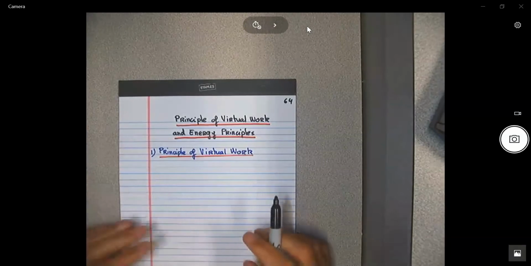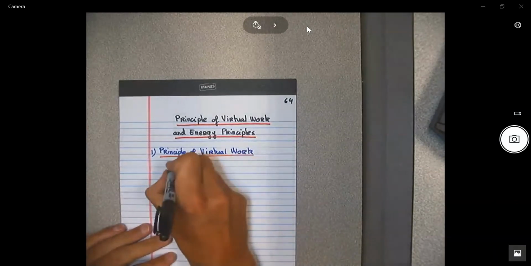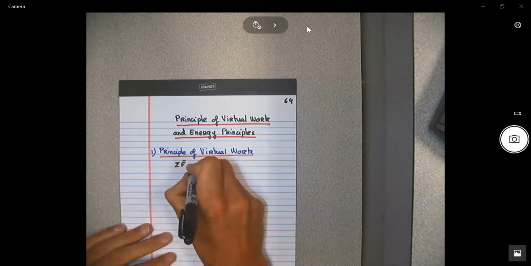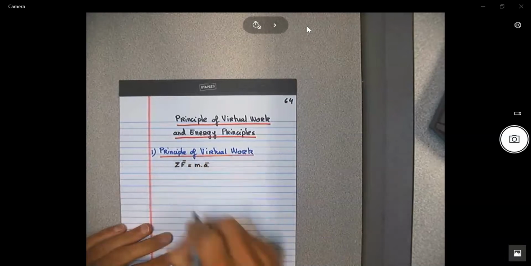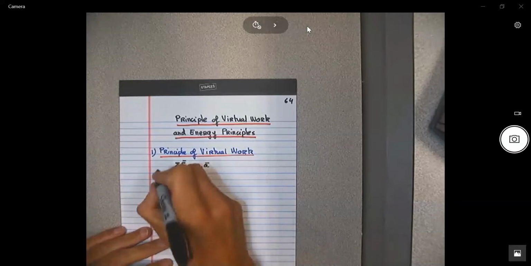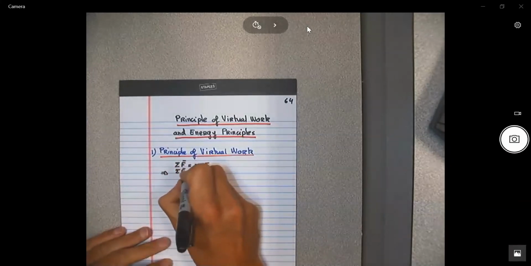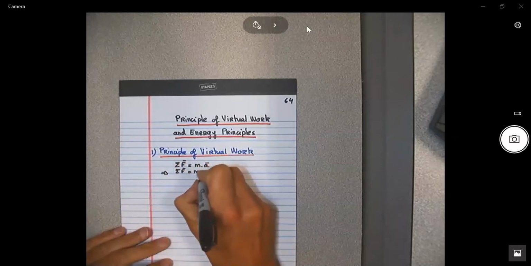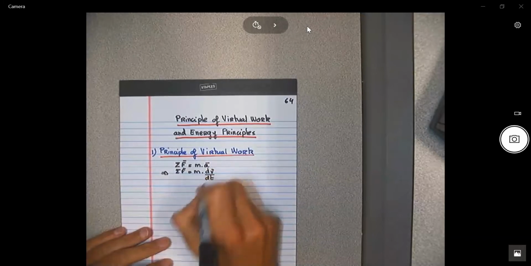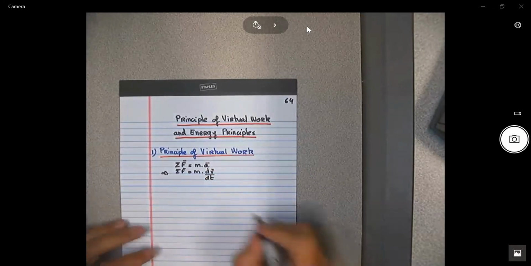Okay, so if you remember from dynamics, you have Newton's second law, that will be summation of forces equals ma, okay? We can rewrite that equation as summation of forces equal to m dv/dt, okay?